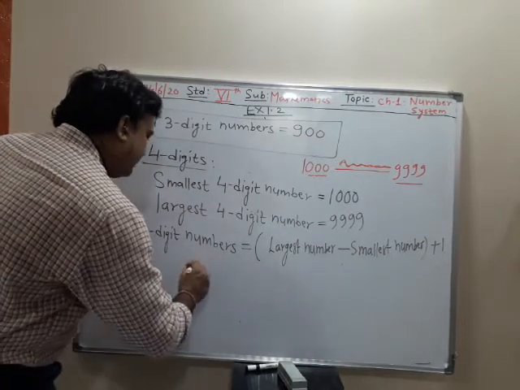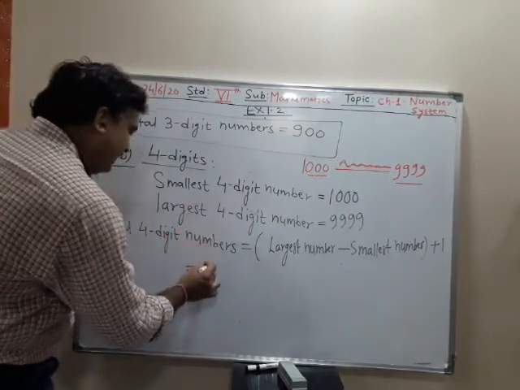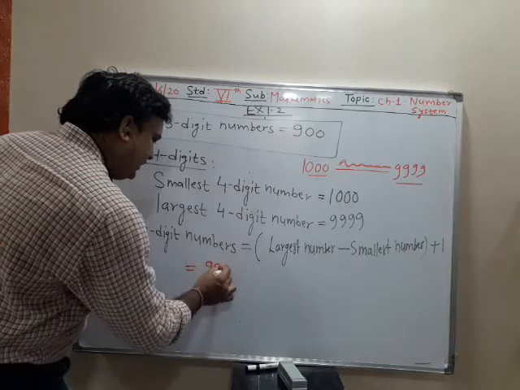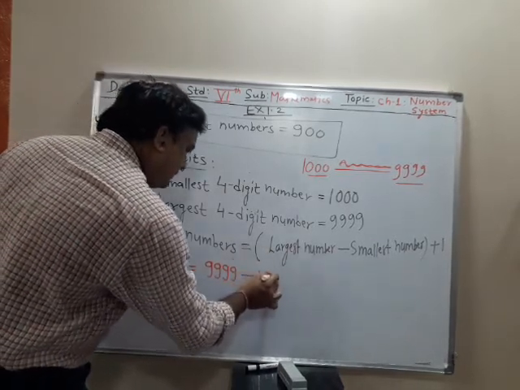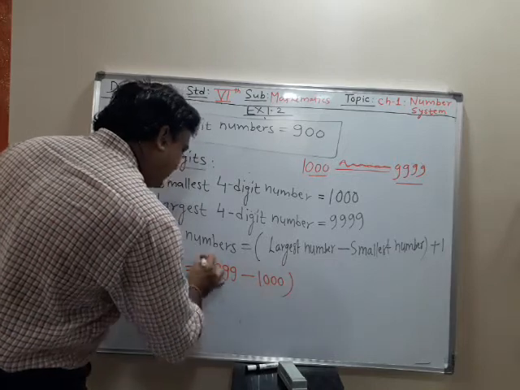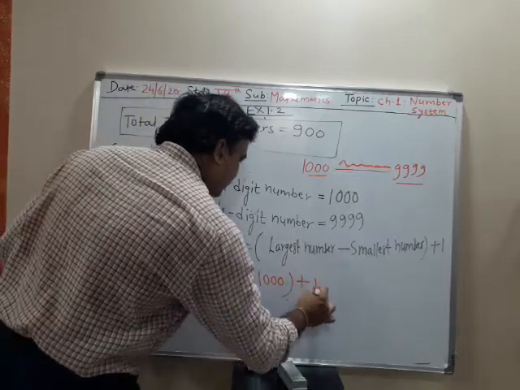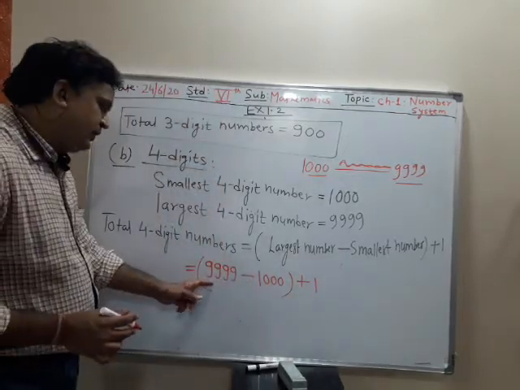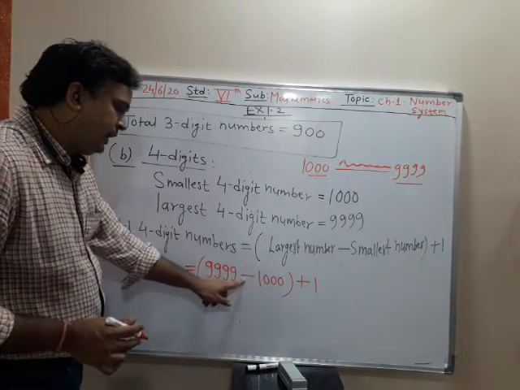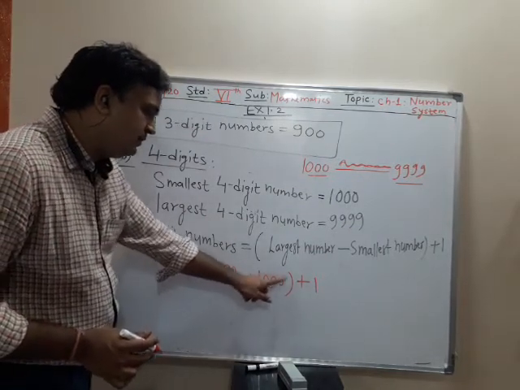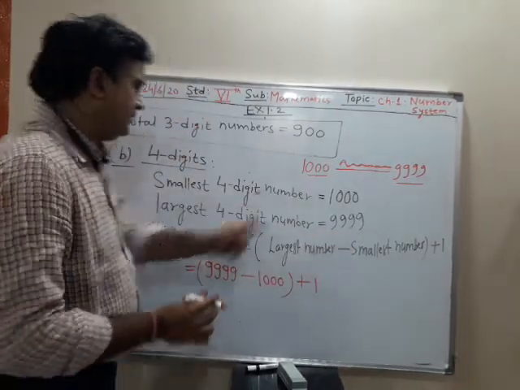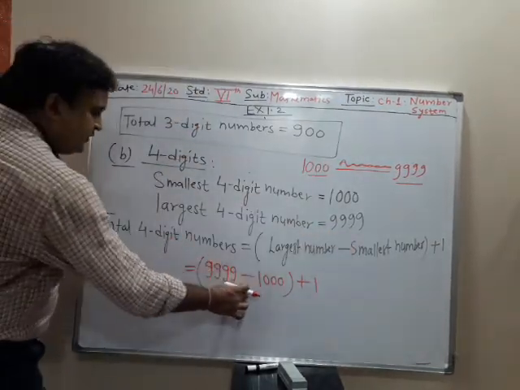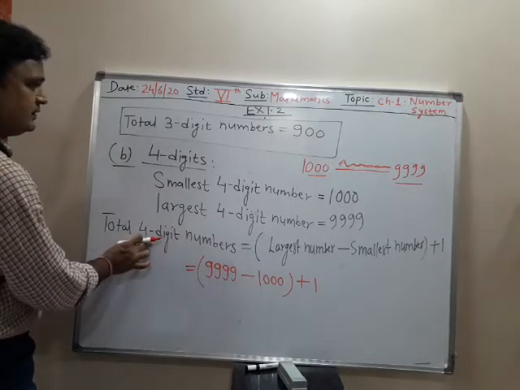So my largest number is 9999, minus the smallest number 1000, plus 1. The formula is largest 4-digit number minus smallest 4-digit number plus 1. When you simplify this, you will get the total 4-digit numbers.